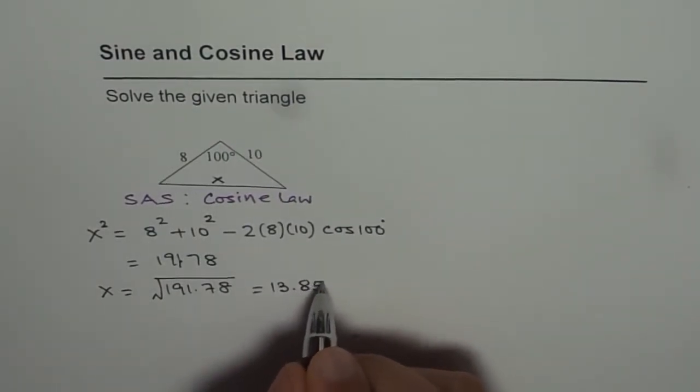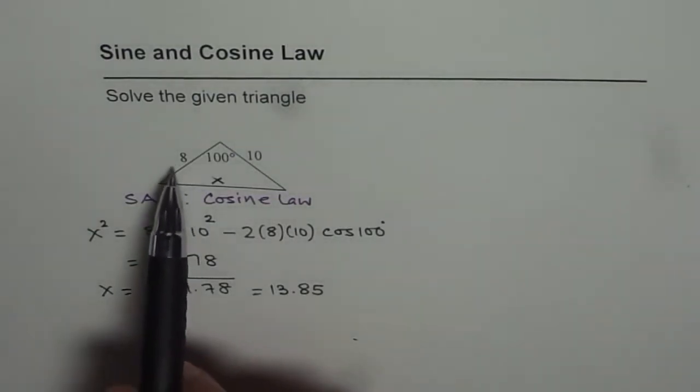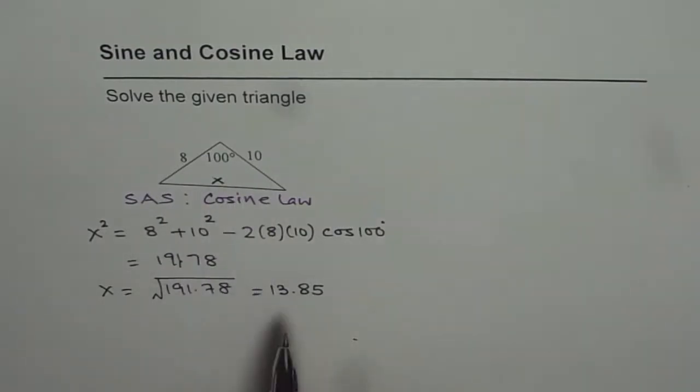So we'll write 13.85. Well, I could have rounded it to 14 also. Since we have these dimensions as whole numbers, 8 and 10, it may be a good idea to round to 14. In any case, what we get here is that x is 13.85.